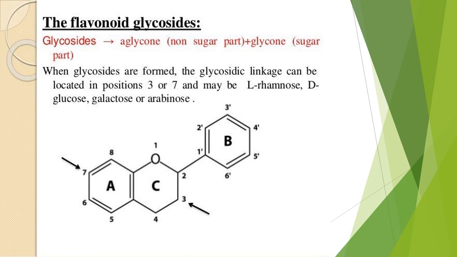Flavonoid glycosides are aglycone, the non-sugar part, plus glycone, the sugar part. We are well aware of glycosides. They are composed of two molecules: one is the sugar part and another is the non-sugar part. When glycosides are formed, the glycosidic linkage can be located in position 3 or 7 and may be L-rhamnose, D-glucose, galactose, or arabinose. So these are the sugars mentioned for the glycosidic linkage.